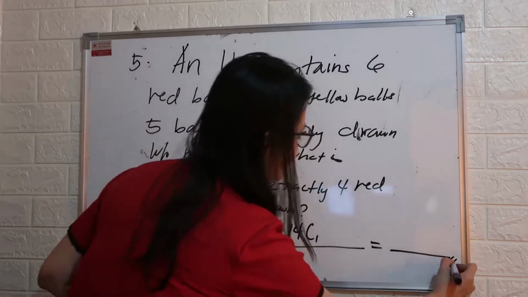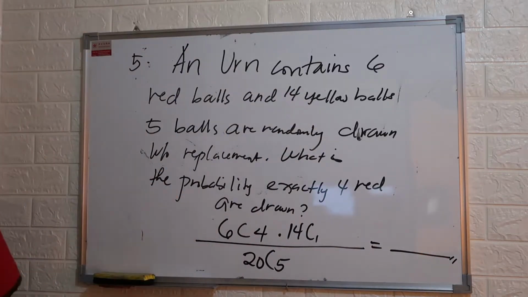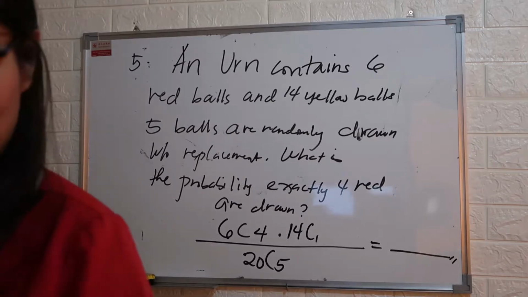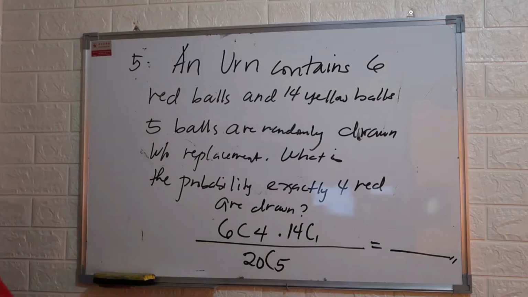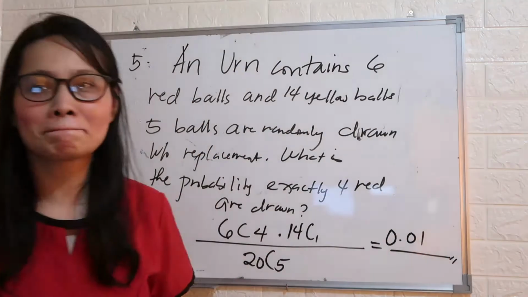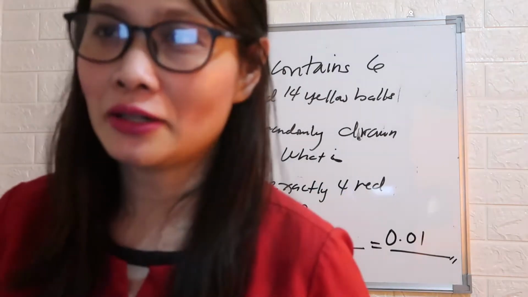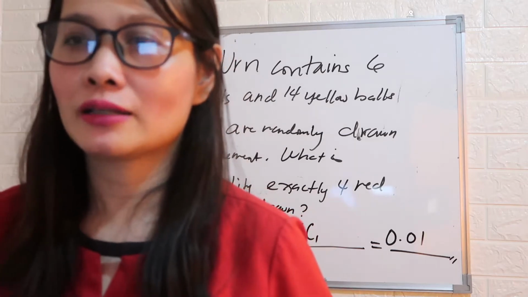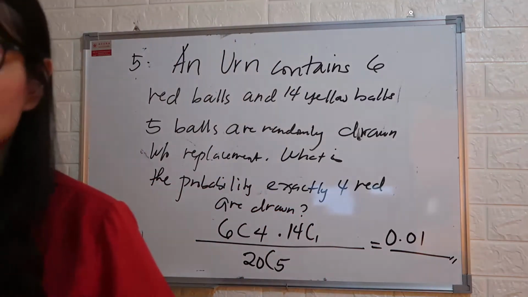So what will be the answer? 0.01. Very good. Is it clear? That is how you solve hypergeometric distribution. Any more questions regarding hypergeometric? Can we proceed on to Poisson probability? Is it clear?